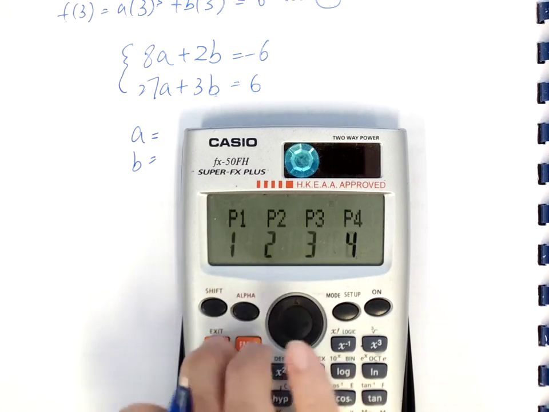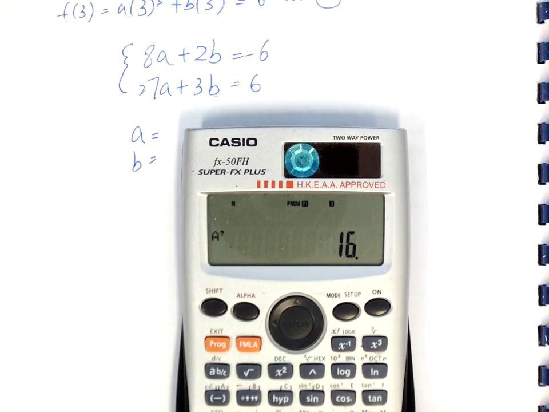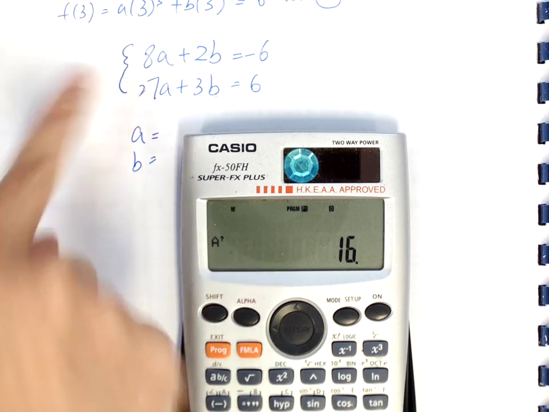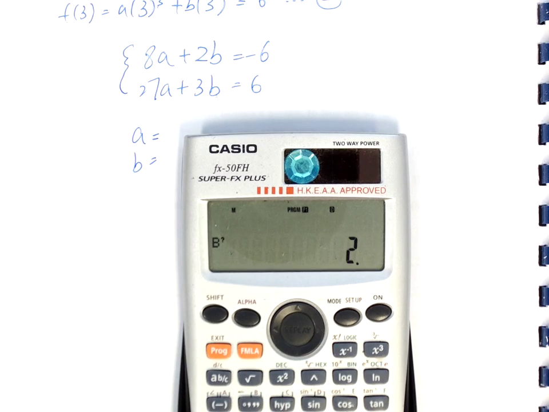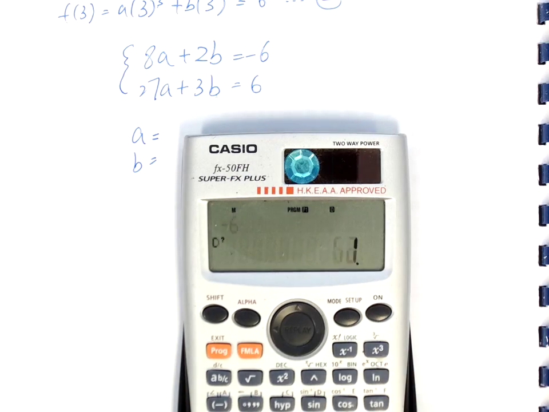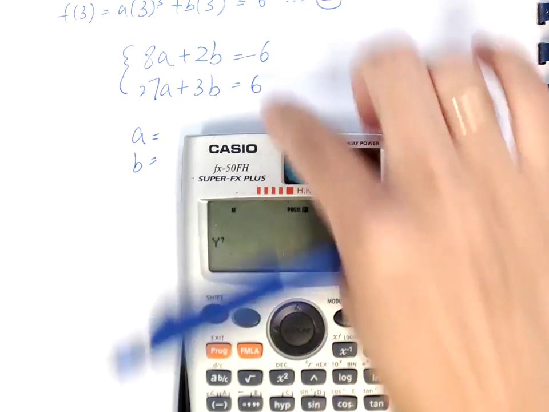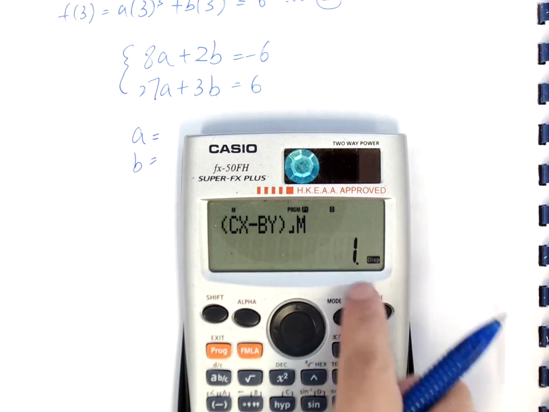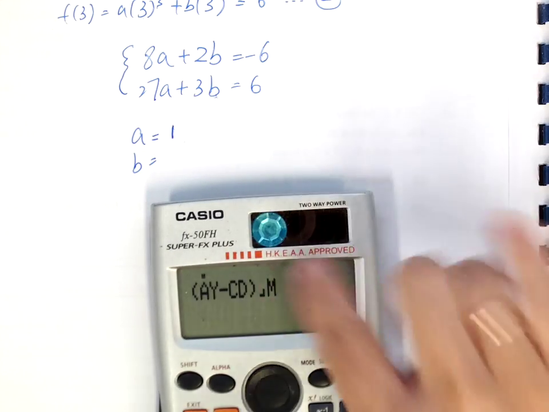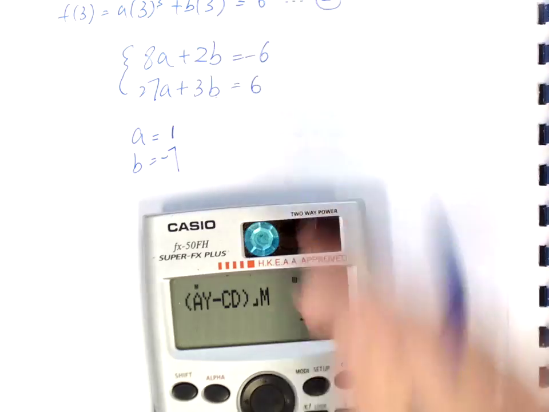Okay, I put it in program 1. I don't know your program number. So please put down the coefficients of x, 2, and -6. Then 27, 3, and +6. So your a will be 1, and b is -7.